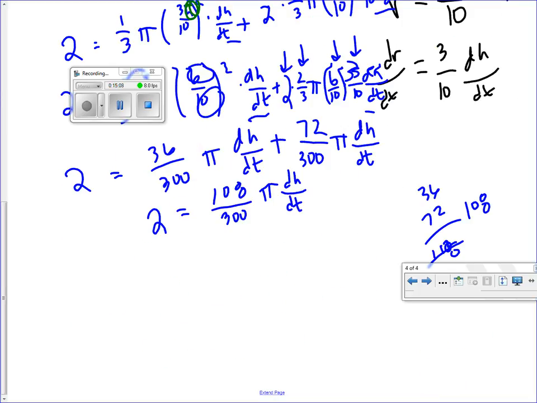And I see that both that numerator, 108, and that denominator, 300, are even. So I can definitely factor out a 2. Oh, look, they're both even again. So I'm going to factor out a 2 again.